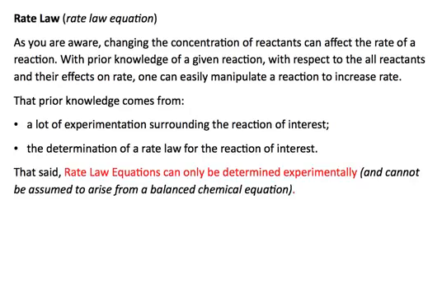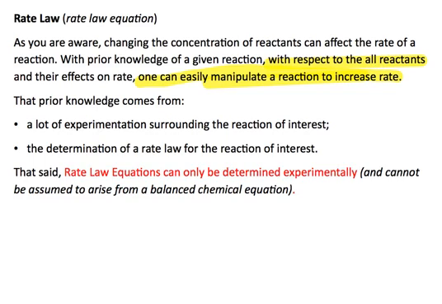So rate laws are equations that are derived from the fact that changing the concentration of reactants will have an effect on the rate of reaction. We know this already as one of the factors that affects rate. So with prior knowledge of a given reaction with respect to all reactants, and this is what's important, one can easily manipulate a reaction to change the rate, either increase it or decrease it.